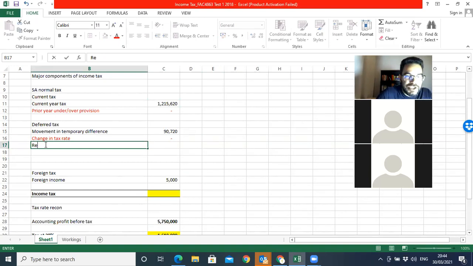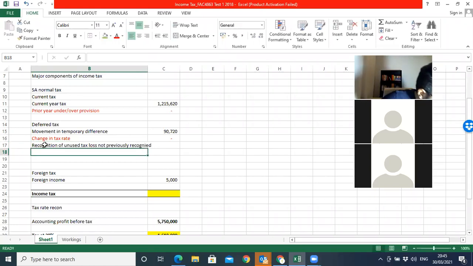So we call it recognition of unused tax loss not previously recognized. I'll explain what this is. The wording I just get from the psycho handbook.